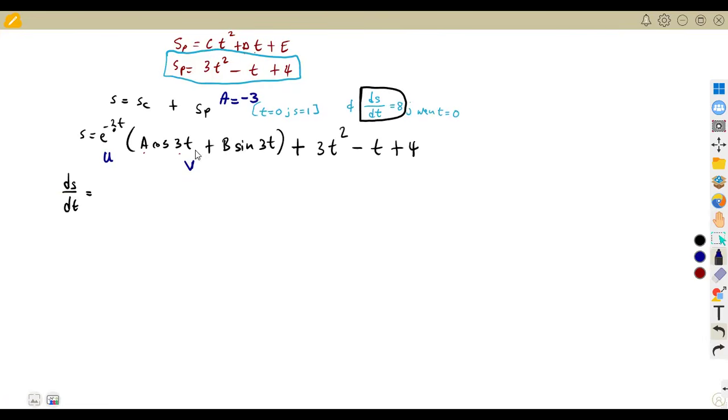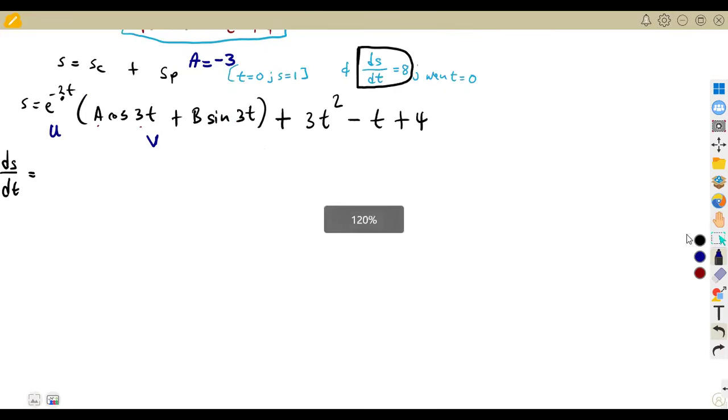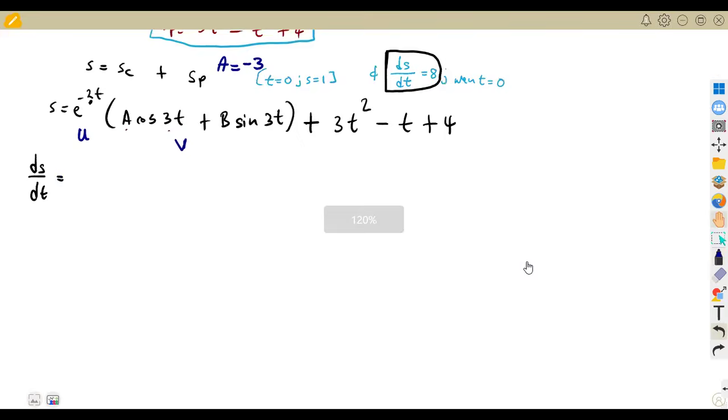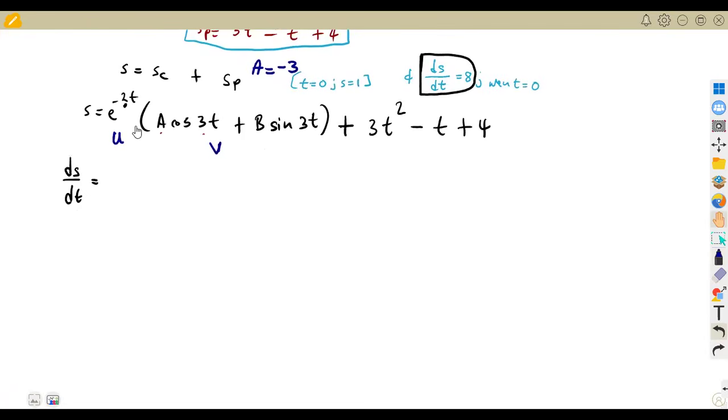So I'm taking v as the whole of the bracket here, as it is. It's either you can expand, then you work out a product derivative, because there will be a product here and another product for sine, or you take this out and this as a single factor. You understand me? No problem.